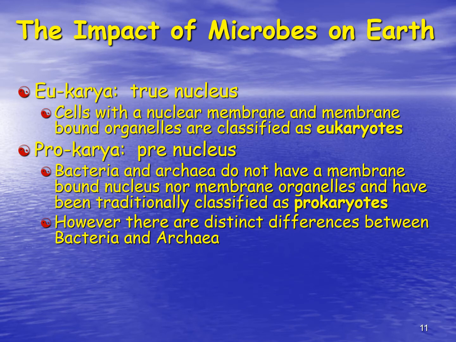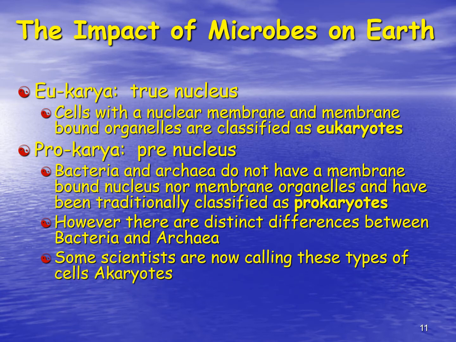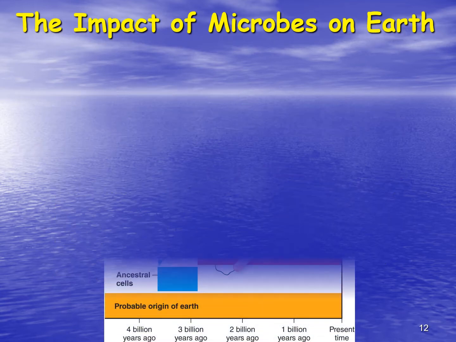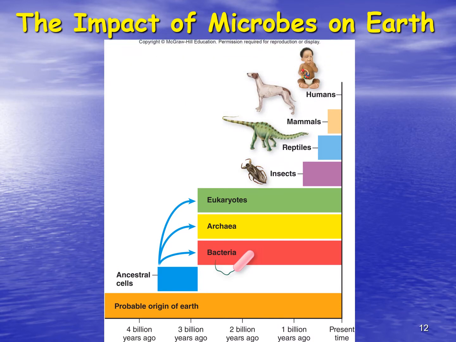However, there are distinct differences between the two major groups of prokaryotes, the bacteria and the archaea. And some scientists are actually now calling these types of cells akaryotes because they lack a true nucleus. This figure just shows the probable origin of evolutionary life on Earth.